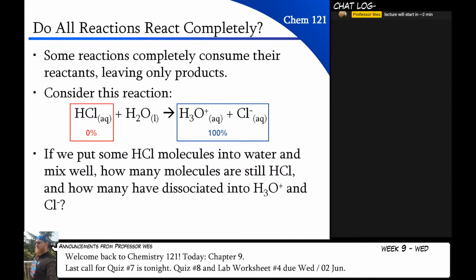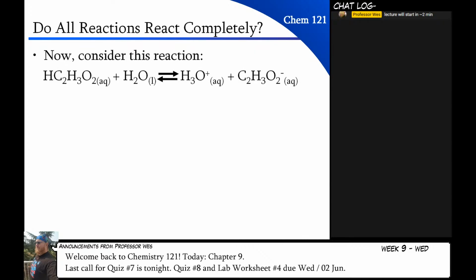It is completely dissociated. And this is by far the exception rather than the rule. For many, many, many circumstances, when we do a reaction, we end up with a little bit of reactants and a little bit of products, and not the entirety of both. Now, how much do we end up with? Well, it depends on what we're reacting.